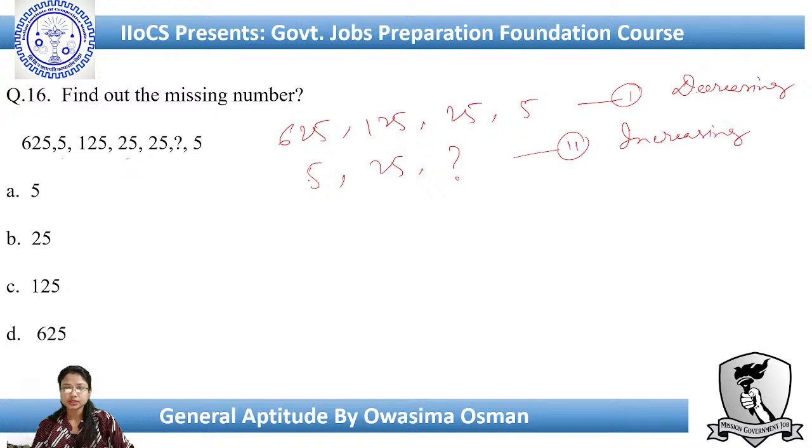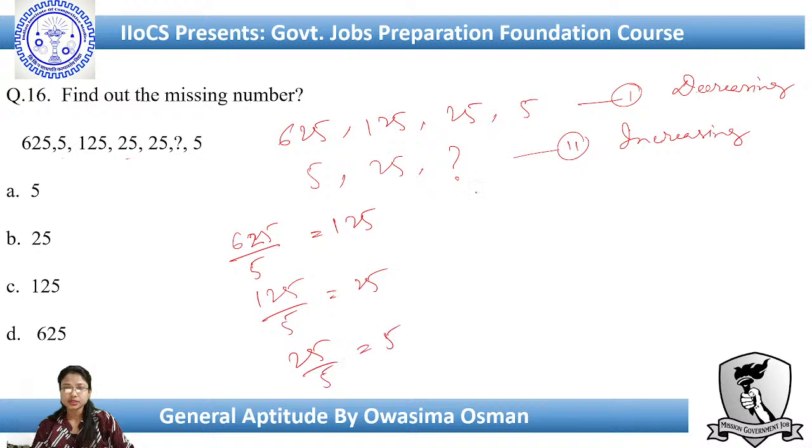So this series is the combination of two series, a decreasing series and an increasing series. In the first series, if we divide 625 by 5, we get 125, 125 divided by 5 we get 25, and 25 divided by 5 we get 5.